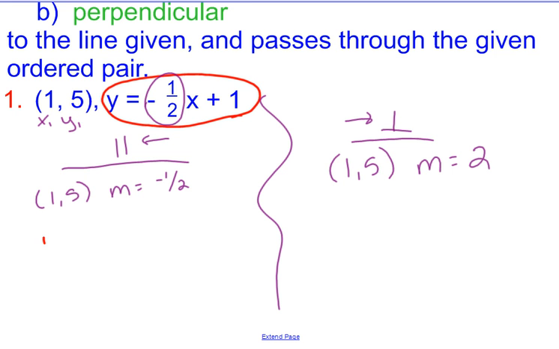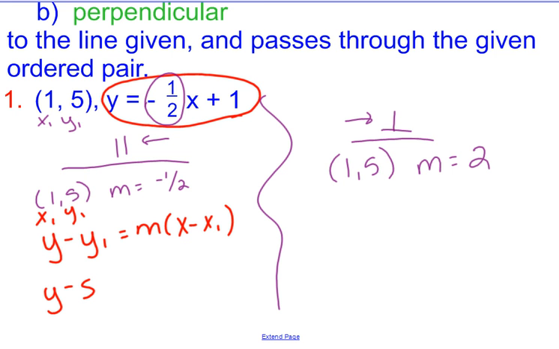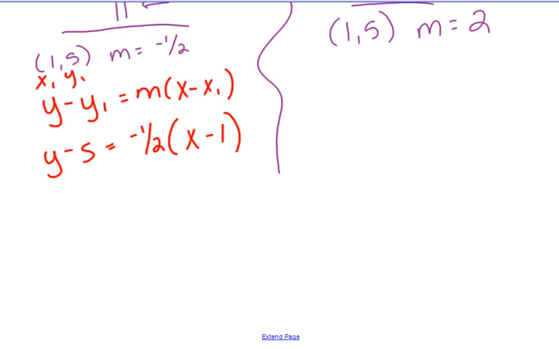Point slope form is y minus y1 equals m times x minus x1. So here's my x1, my y1, and my m. I would have y minus 5 equals, and then I'm going to put my m in there. My m is -1/2 times x minus 1. There's my answer in point slope form. Your first answer, I'd block that in. There's one answer.